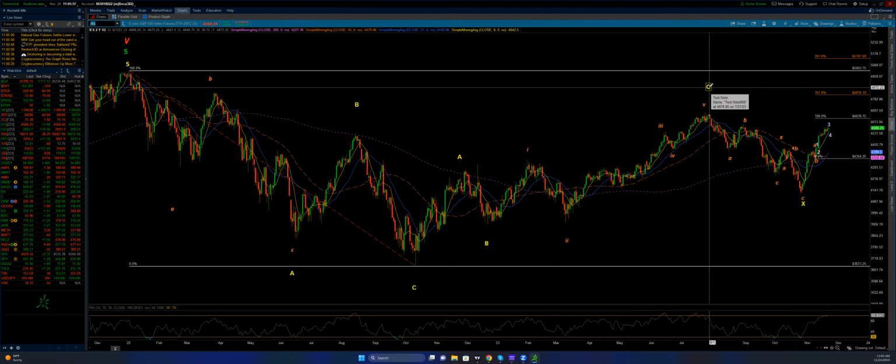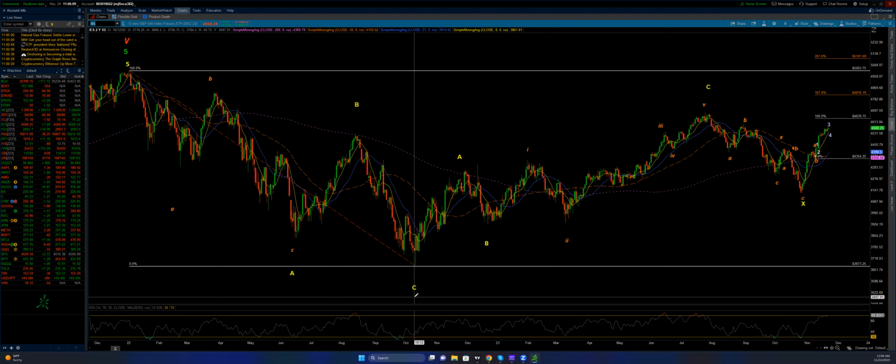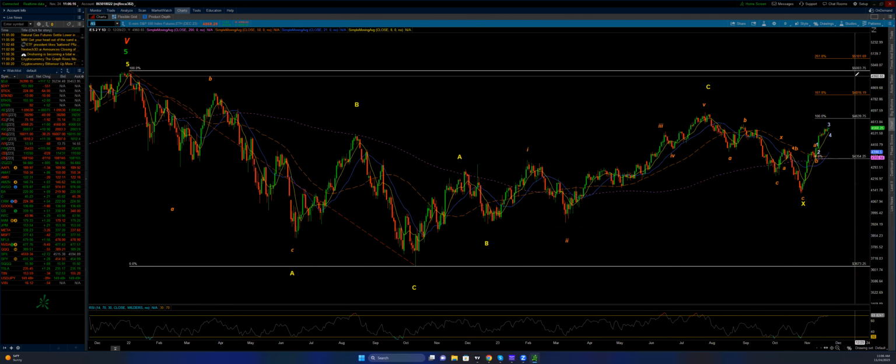Yes, there were some other adjustments that could have been made that would have pulled this thing back and really been suggesting that this ABC completed something off of this count and that this was going to be a much, much larger upside wave.